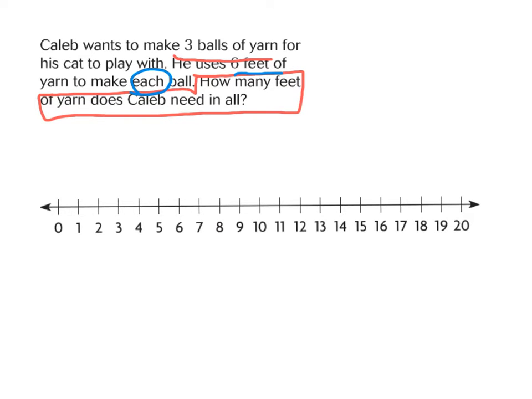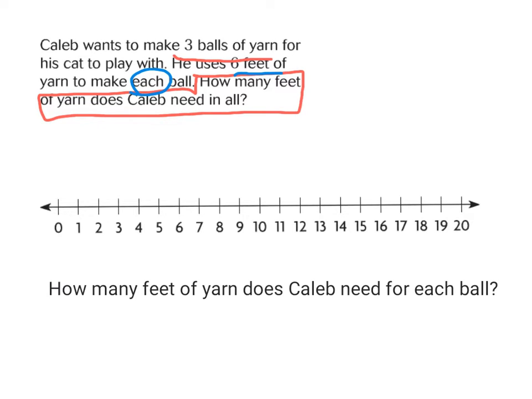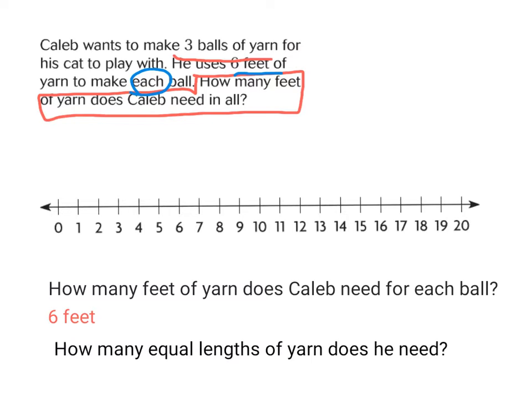So let's review. How many feet of yarn does Caleb need for each ball? The answer is 6 feet. How many equal lengths of yarn does he need? The answer is 3 lengths because he wants to make the 3 balls of yarn for his cat to play with. So we can use a number line to count equal groups.